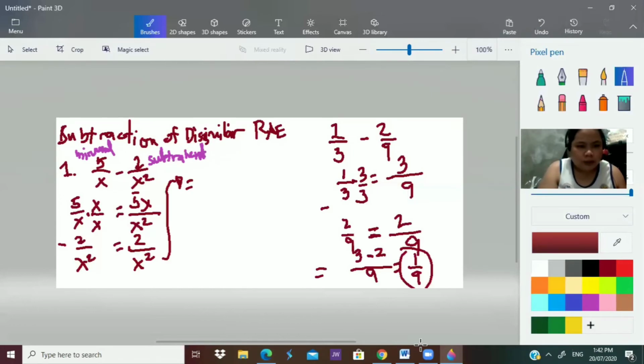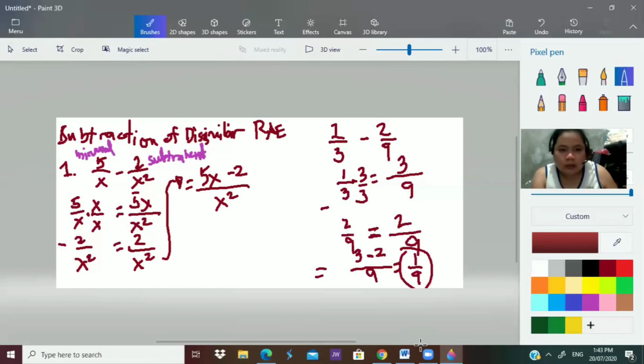So, next step, proceed in subtraction. So, you have 5x minus 2 all over x squared. Okay. So, here, titingnan natin yung ating expressions kung pwede pang i-factor.